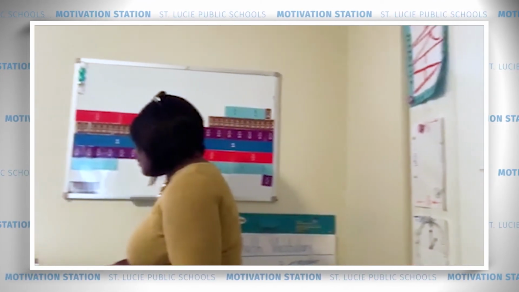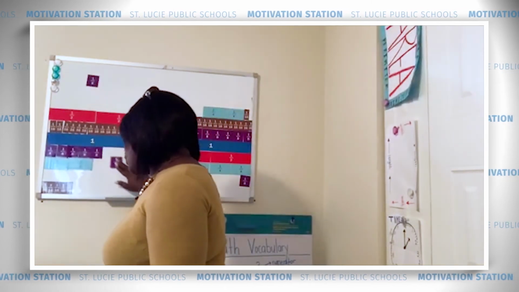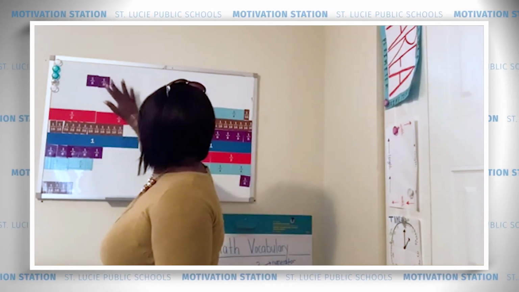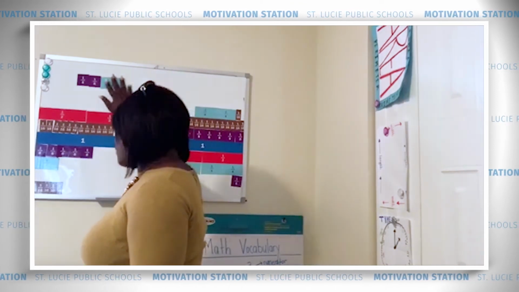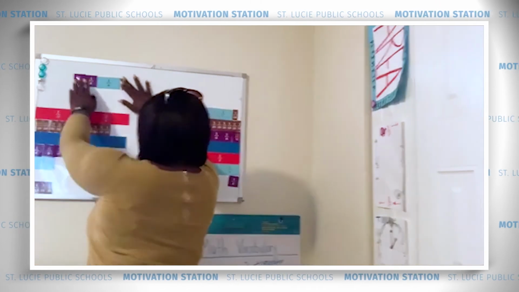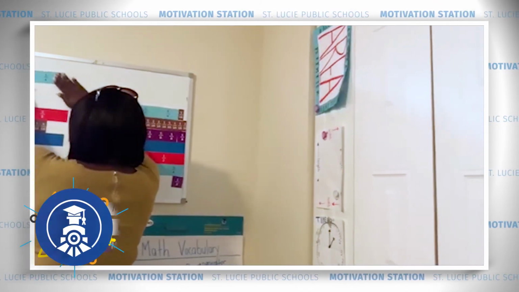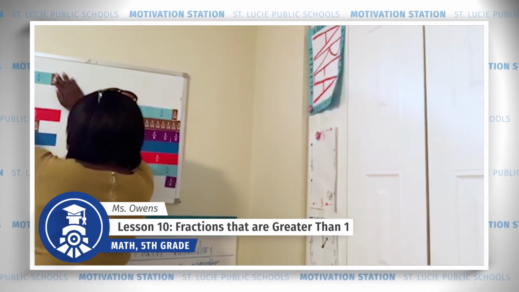All right, so for the next one, we have 2/8, 1/4, and it looks like 1/16. So we have two 1/8 pieces, and we have 1/16.